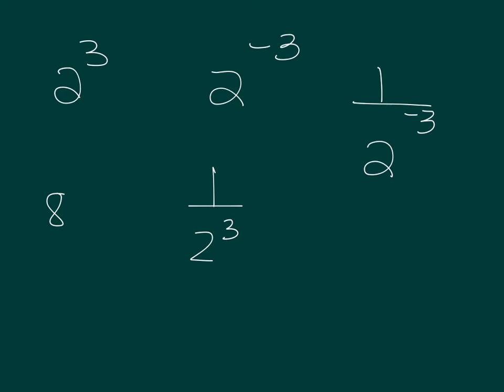Now remember last week I told you negative exponents means flip them over, reciprocal. So if it starts as 1 over 2 to the negative third, then we would flip it over and make it 2 to the third over 1, which is just 8. Okay, so that's something that's going to be important with what we are starting today.